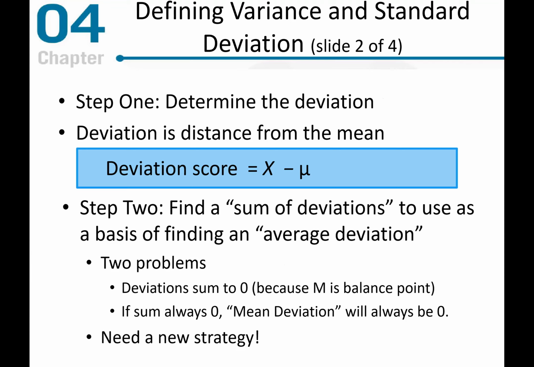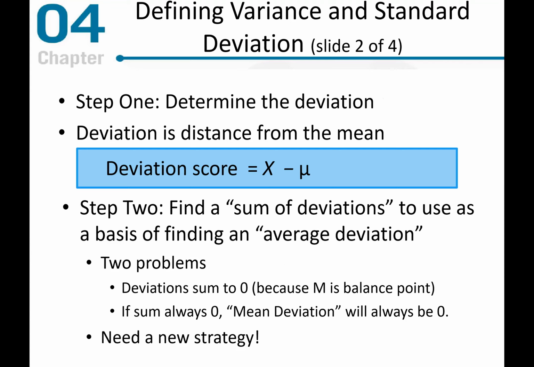All right. So now, if the sum is always zero, then the mean deviation is going to be zero. All right. So we're going to need a new strategy, but keep that problem in mind. We're going to talk about that problem a little bit more.